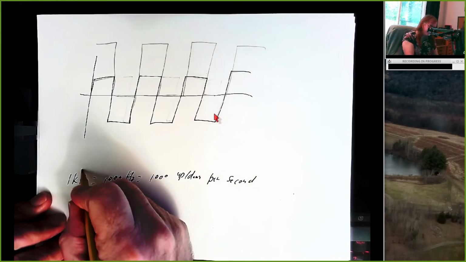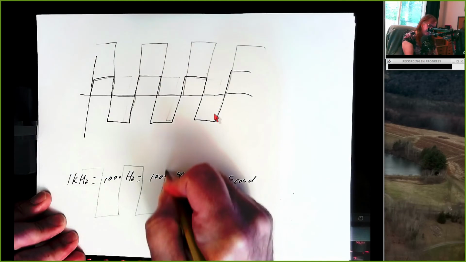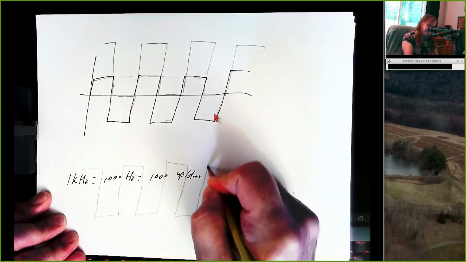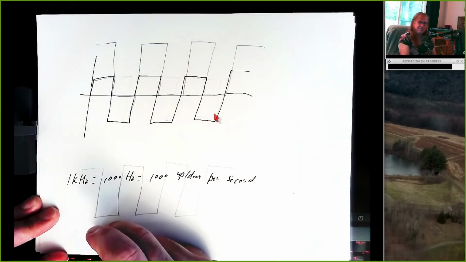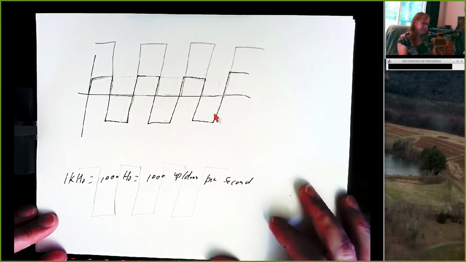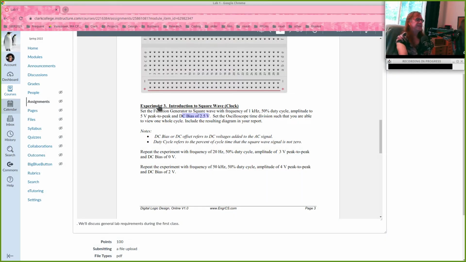Or here's another waveform. Exactly the same amplitude, the same frequency, the same duty cycle, but all my voltages have been shifted down by a certain amount. So that amount of offset, that's called the DC bias. And since we want 5 volts peak to peak with a DC bias of 2.5 volts, here's what your waveform should look like.